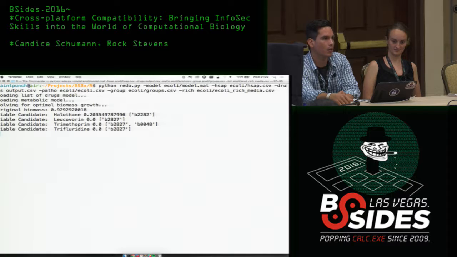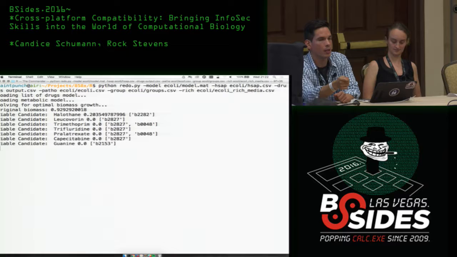B2827, you'll see is a common thread as what drugs are targeting what gene within E. coli. So given that trimethoprim, this is one of its targets, and it's now resistant to this particular drug, targeting the same exact gene is madness, right? Because you're going to get the same exact effect.